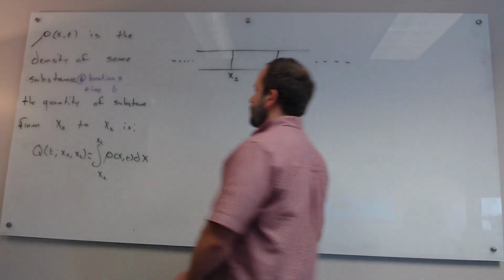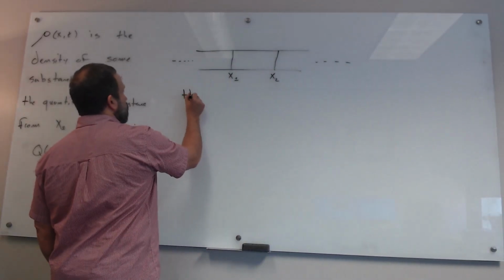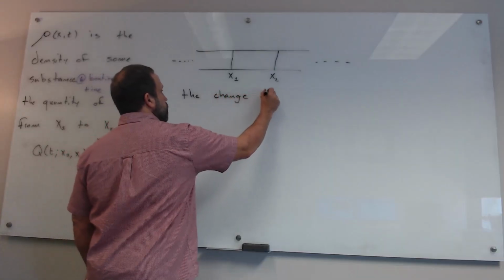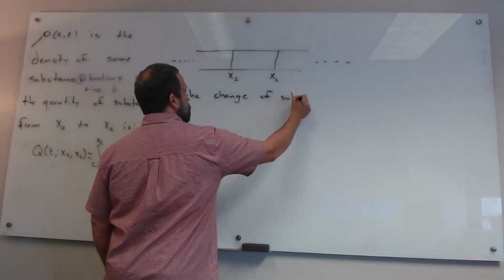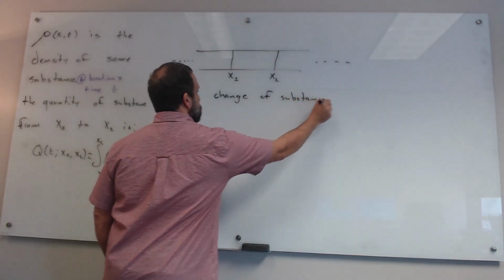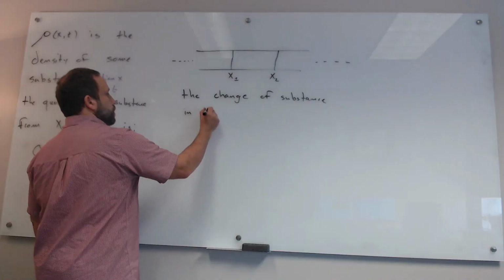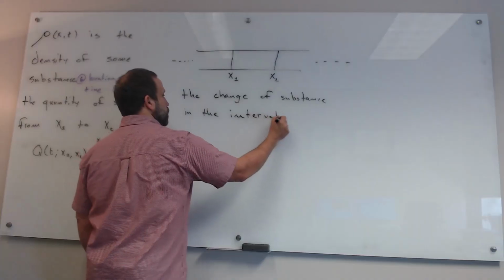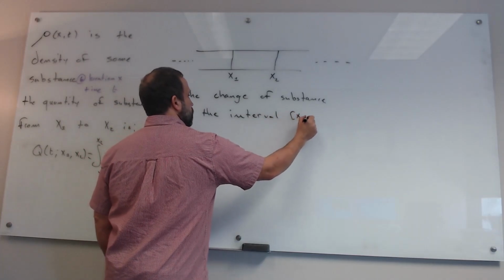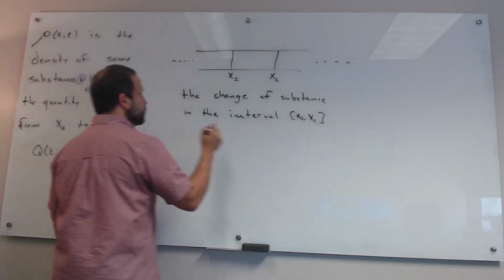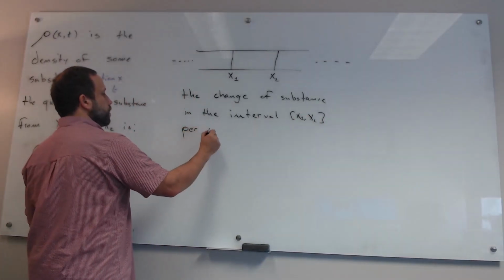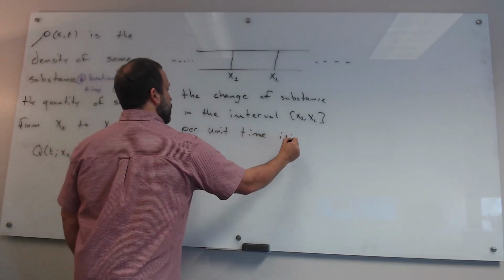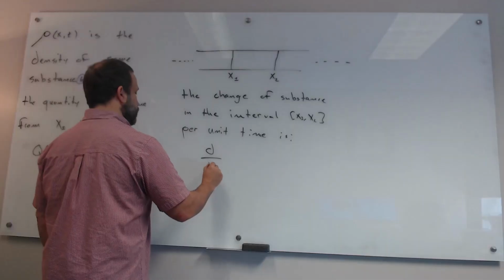So the change of substance in the interval x1 to x2 per unit time is going to just be the derivative of this q function.